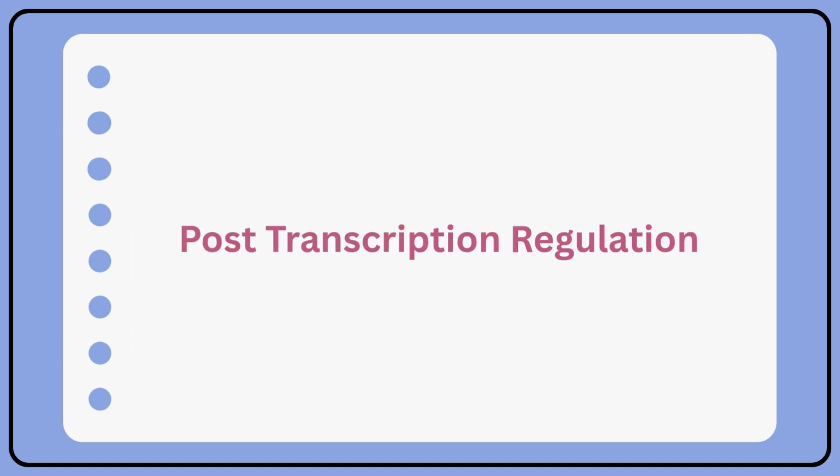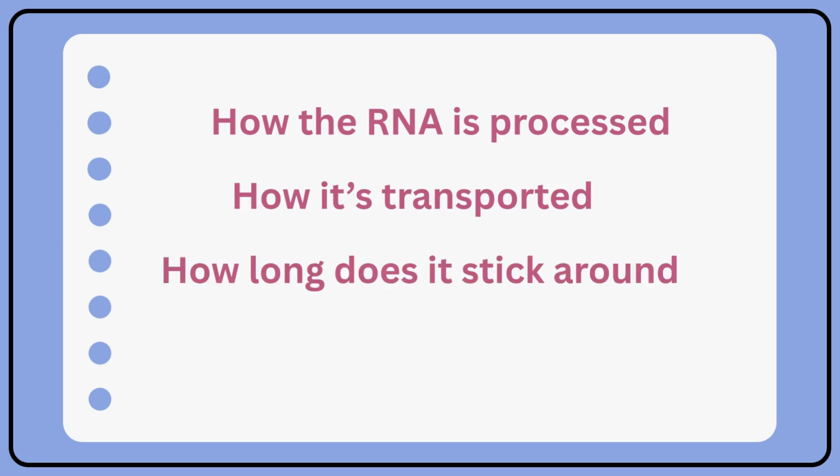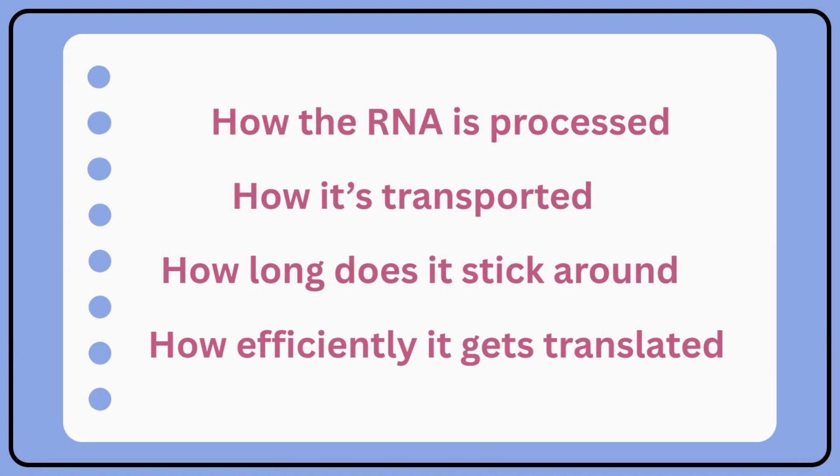Cells can also regulate gene expression even after the RNA is made. So, this post-transcriptional control can happen at multiple levels. For example, how the RNA is processed, how it's transported, how long it sticks around before being destroyed, and even how efficiently it gets translated into protein.